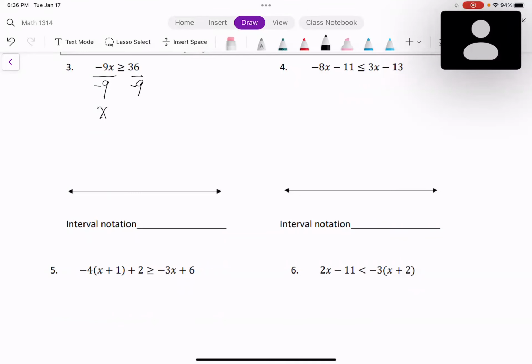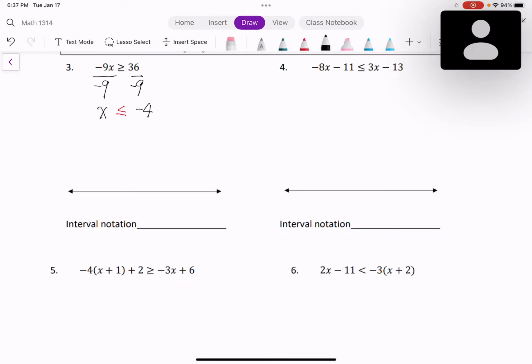X on one side, and on the other side of the inequality is 36 divided by -9, that is -4. And we need to reverse the symbol. Now the symbol becomes another direction, pointing to the x and open to the -4.